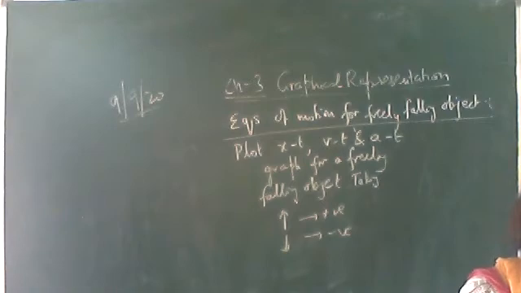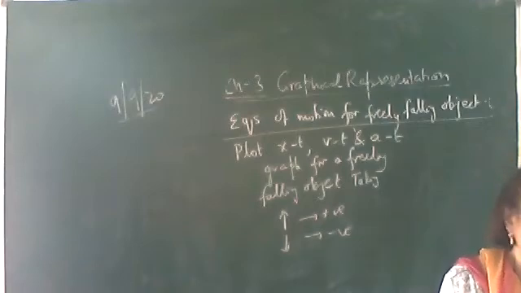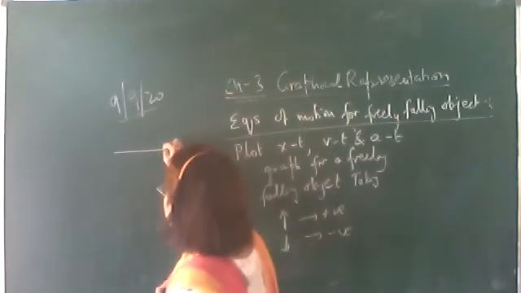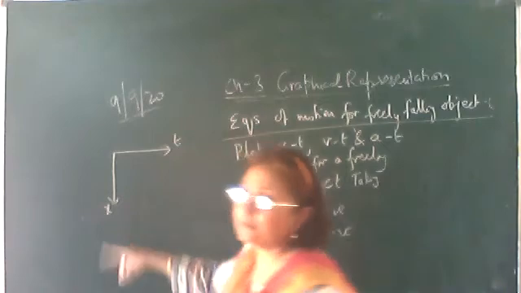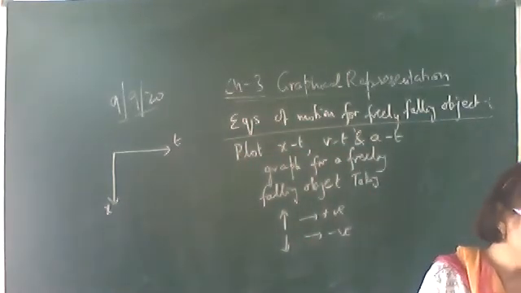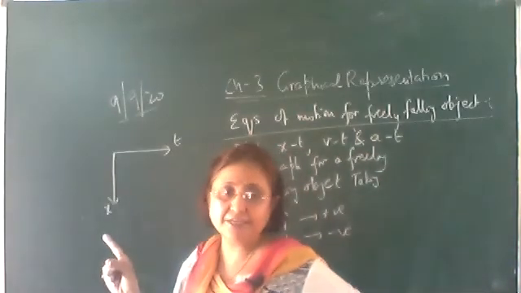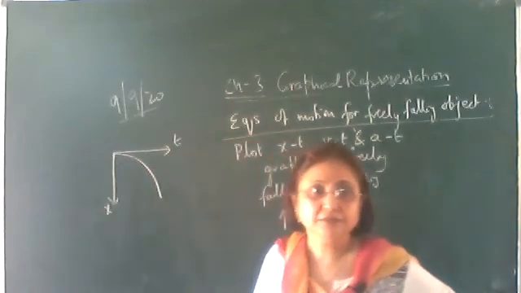Only draw the shapes of the graphs. Why negative? Because the motion is in the downward direction; the body is falling freely under gravity. So the xt graph, being accelerated motion, will be a curved line.